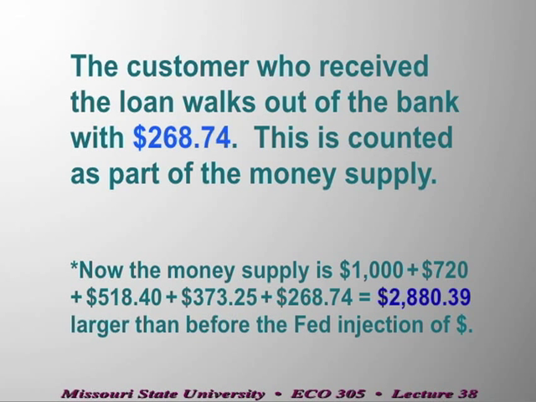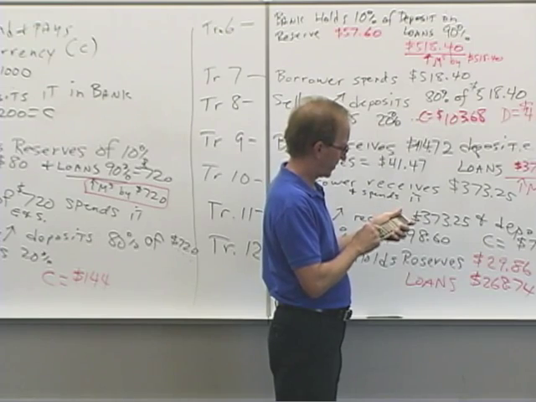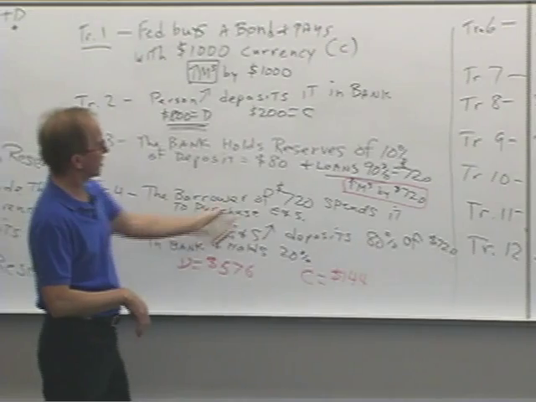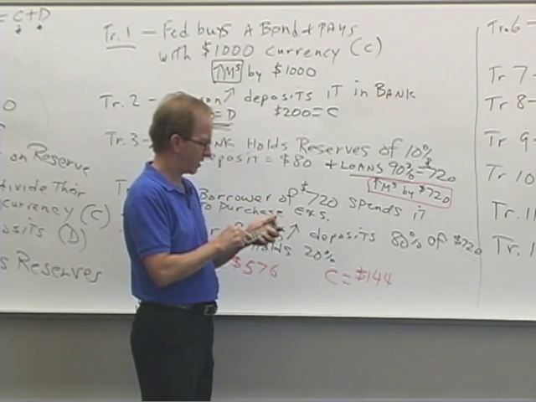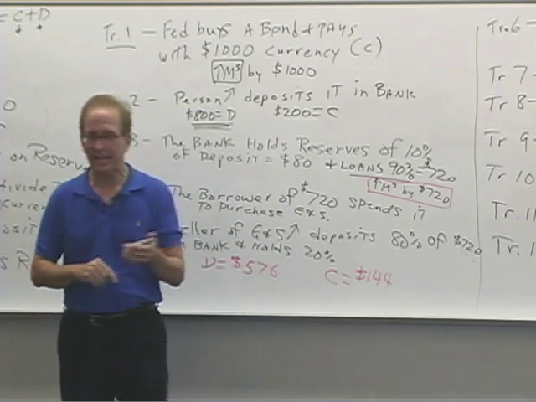Let's go through here quickly. I'm going to add these amounts up that the money supply has gone up. 268.74, plus 373.25, plus 518.40, plus 720, plus $1,000. $2,880.39.